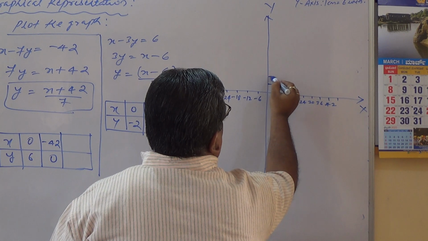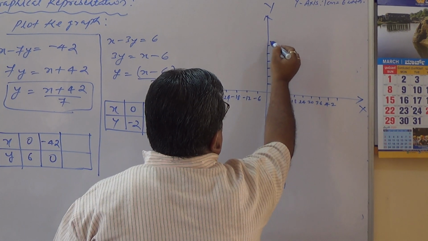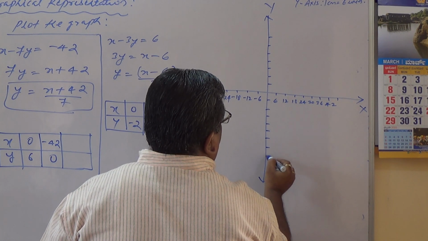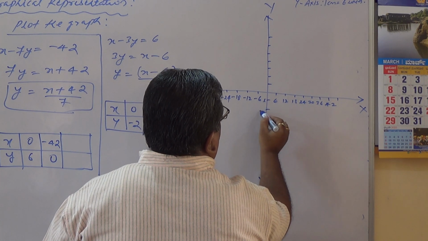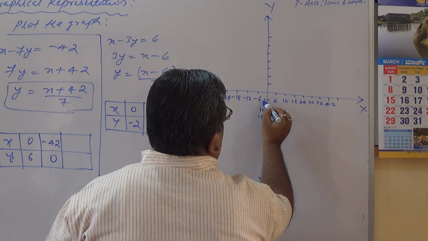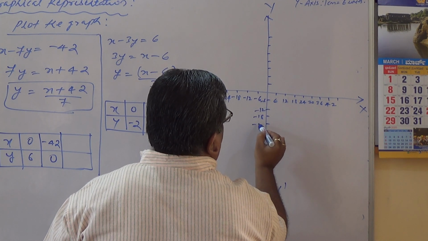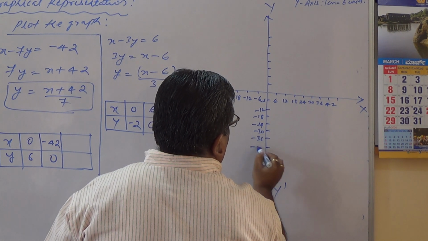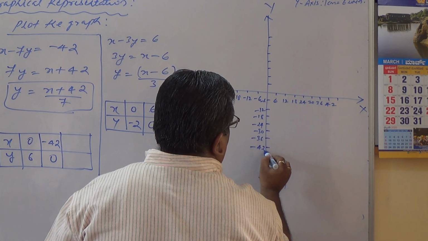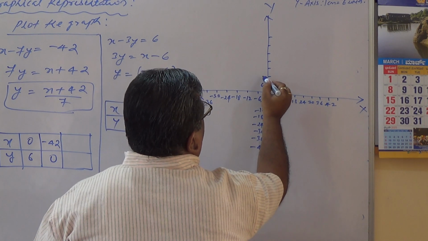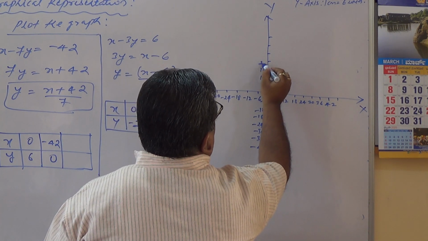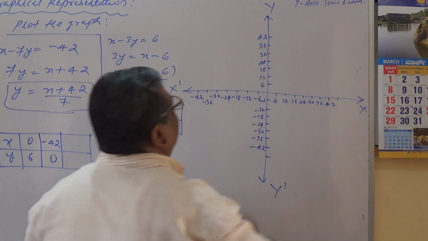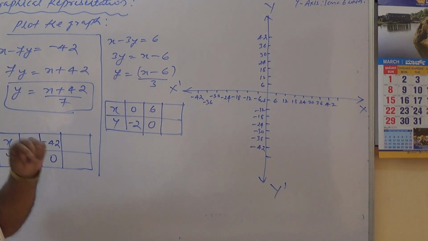Here, minus 6, minus 12, minus 18, minus 24, minus 30, minus 36, minus 42. Yeah, this is the graph paper.